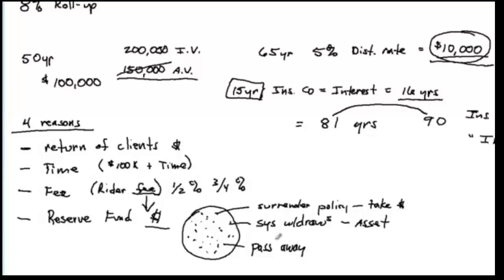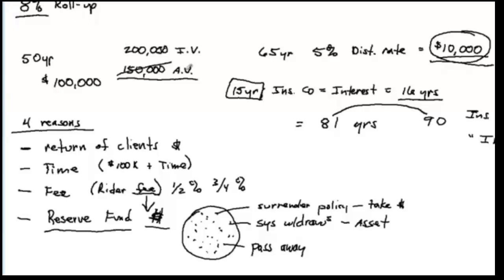So if they pass away, they're not going to be able to use this rider either. So the point is, you have three examples of someone not using this reserve fund and this fee in there. That all helps with pricing. So when you add these four issues up, this explains why, when the 10-year treasury is at 1.94, an insurance company can give a roll-up as high as 8%.